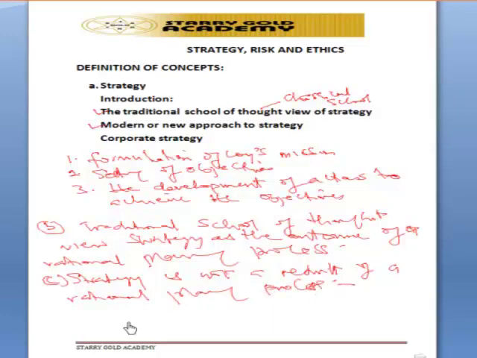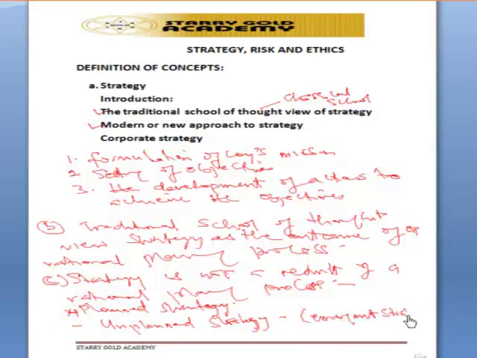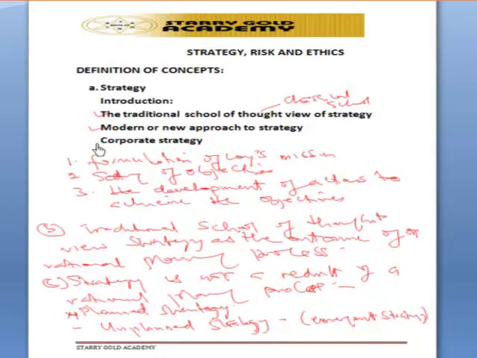So in their own, you can have a planned strategy, and also you can have unplanned strategy, and another name for it is called emergent strategy. Now let us look at corporate strategy based on the explanation given.